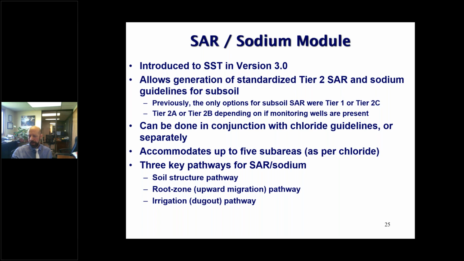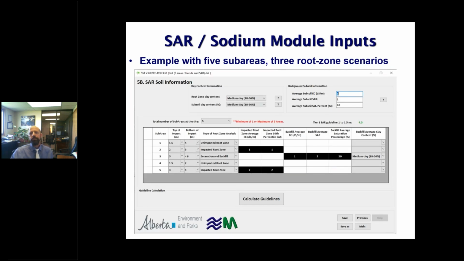It allows up to 5 areas like subsoil chloride does, and similar pathways, but slightly fewer. It's got a soil structure pathway for SAR. It's also got a root zone pathway, upward migration for sodium, and an irrigation pathway from a dugout, also relevant to sodium.